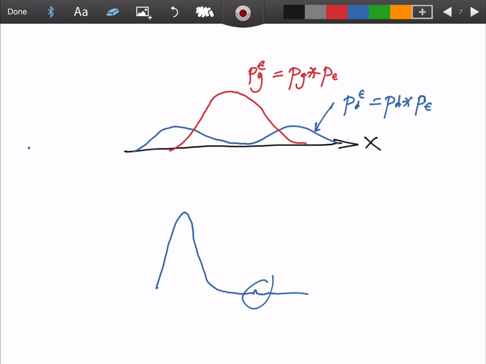So what was proposed in this paper is essentially to take a few scales or a few widths of noise. Let's denote by S some collection of such noise distributions. Let's say P epsilon comes from this set S. And then I will just modify what I wrote before.